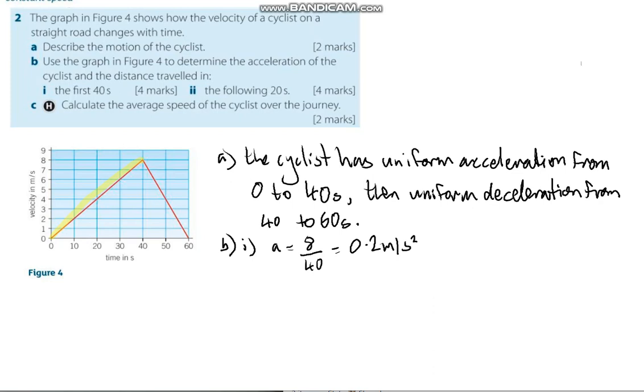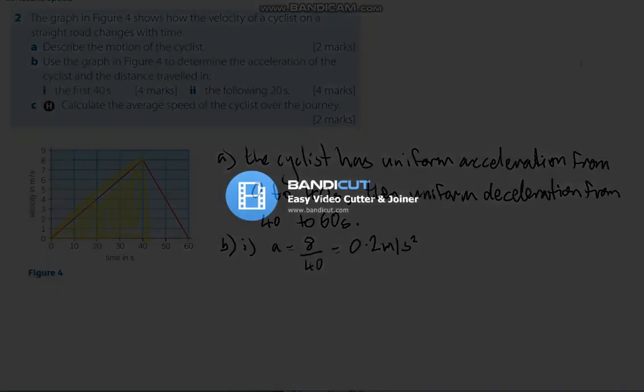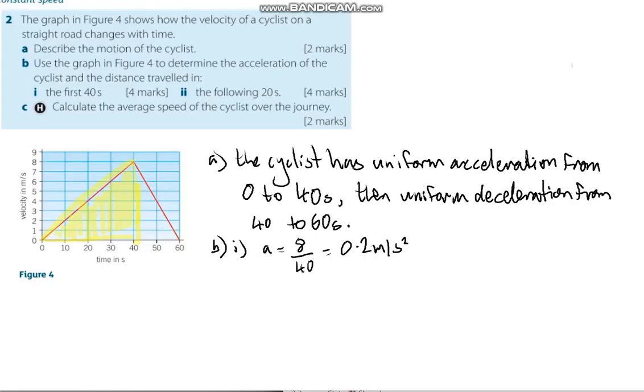And then for the distance travelled in the first 40 seconds, so now we're looking at working out the area of this triangle here underneath the line. The equation for area of a triangle is equal to half times the base times the height.